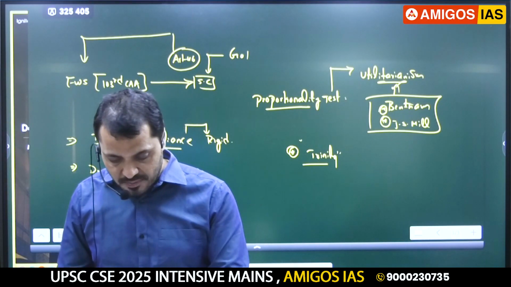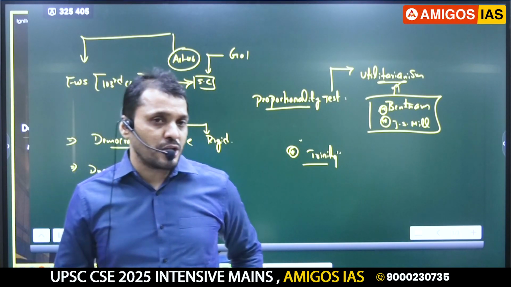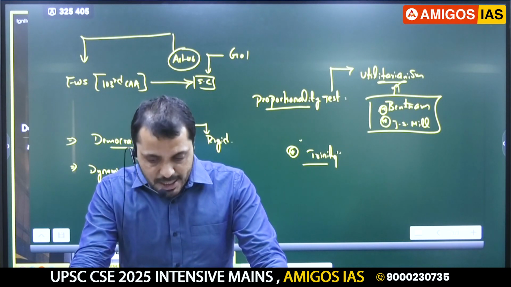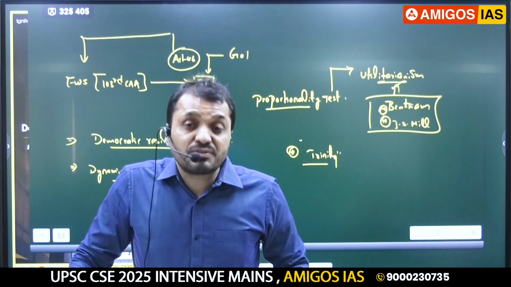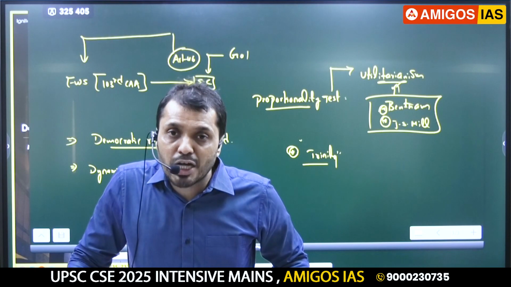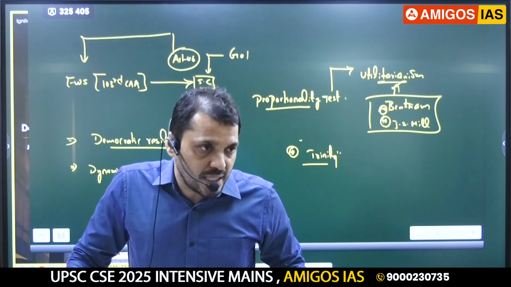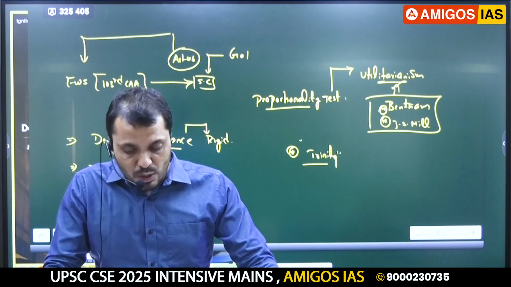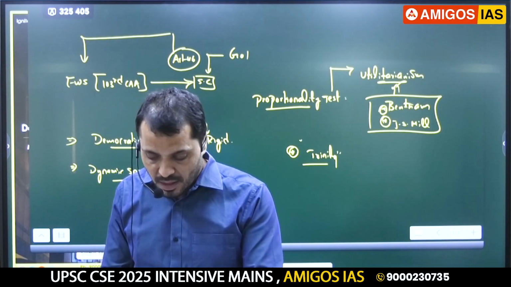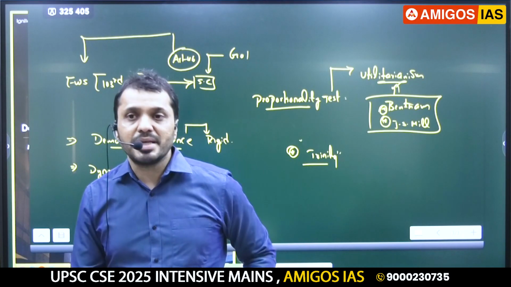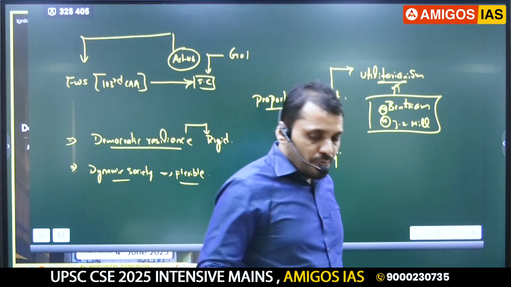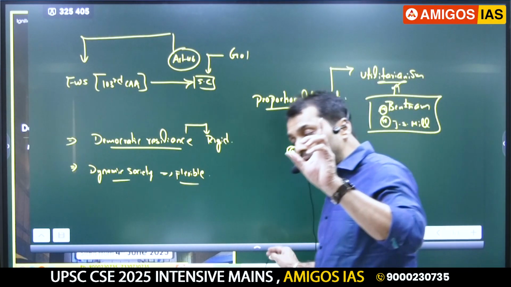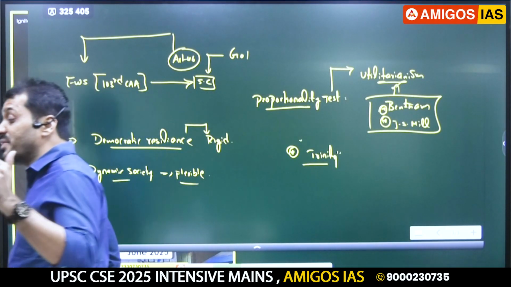In Maneka Gandhi versus Union of India, the Supreme Court expanded the right to equality. We shifted from procedure established by law to due process of law in the Maneka Gandhi case. That means when you are treating everyone equally before law, you should not only follow the procedure, but the law should be very fair.